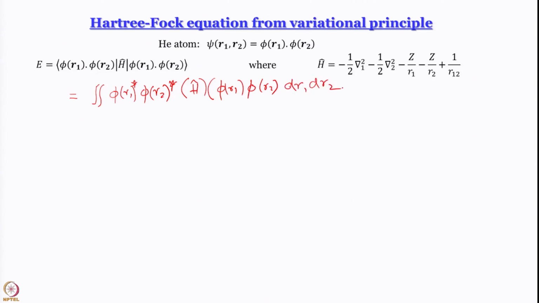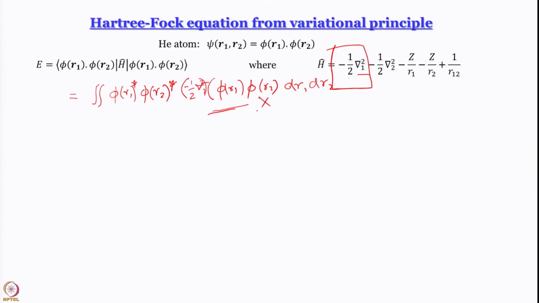The first term in the Hamiltonian is entirely in terms of 1. So, if I just take the first term, I do not take all of H, then it is going to be something like minus half del 1 square. You understand that del 1 square is going to operate on phi of R1, but not on phi of R2.